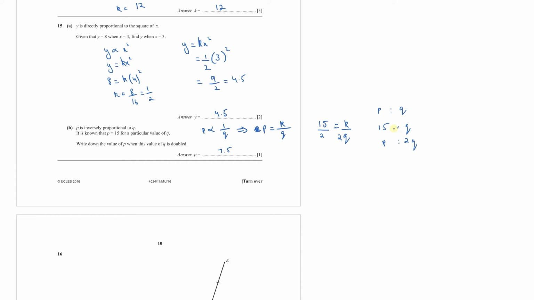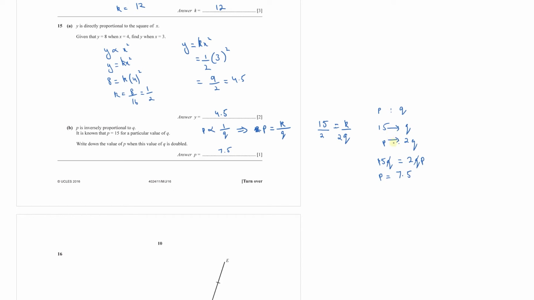Since they are inversely proportional, you multiply this here and this here. So you get 15Q equals 2QP. The Qs cancel out, and similar to what you did here, you divide by 2 on both sides, and you again get P equals 7.5.